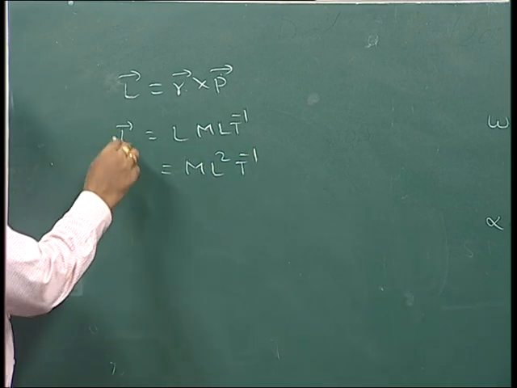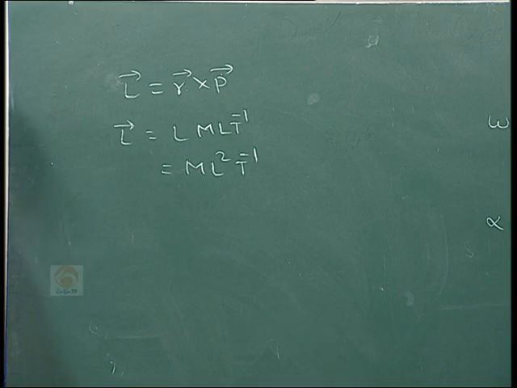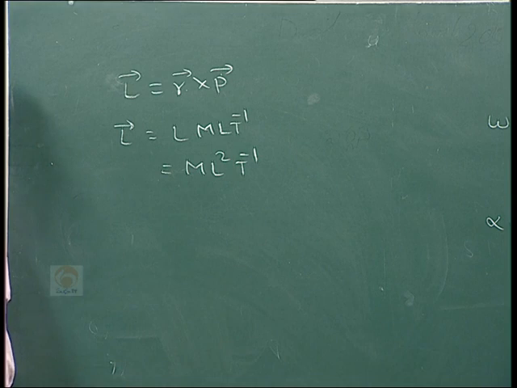What is L bar? Angular momentum. What is angular momentum? Momentum of a particle is called angular momentum. So the dimension formula is M L square T power minus 1.